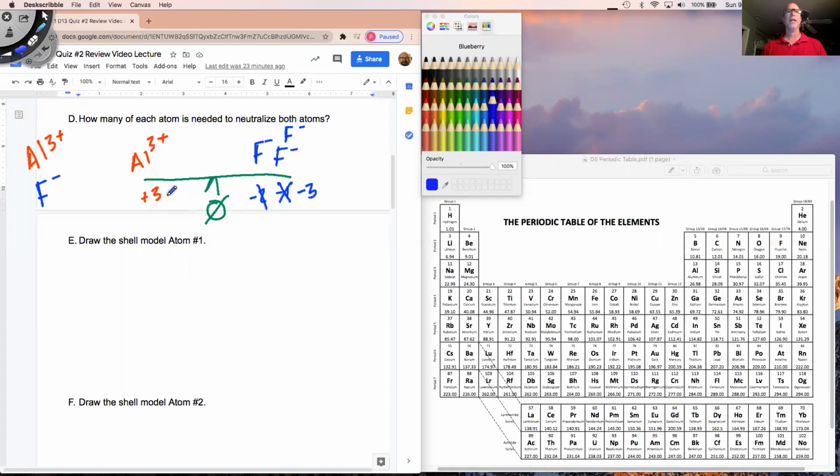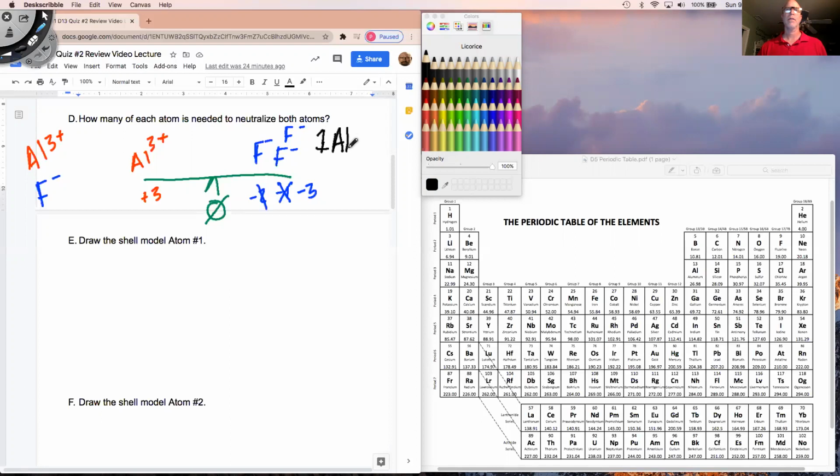Now, in order to get full credit on this, you need to make sure that you don't leave it like this. You must write it just like this. And I'll change the color to black or something so there's no question. So it must look like this. You need to have 1 aluminum.